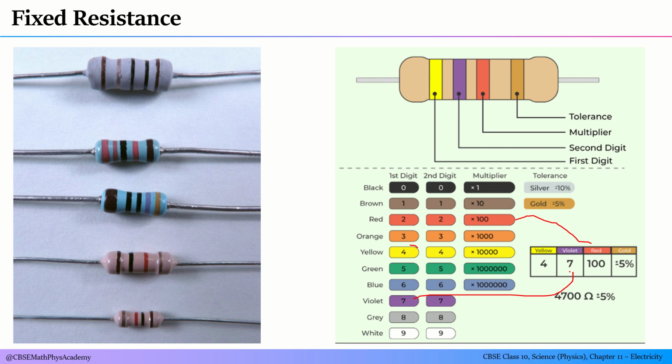So the resistance you have is 4700 ohms plus or minus 5% error. Like this, over experience, an electrician will be able to identify the value of resistance for a particular resistor.